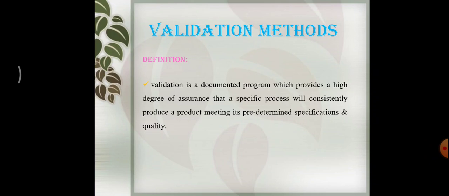It is a collection and evaluation of data from the process design stage throughout production, which establishes the scientific evidence that the process followed is consistently delivering the quality of the product.